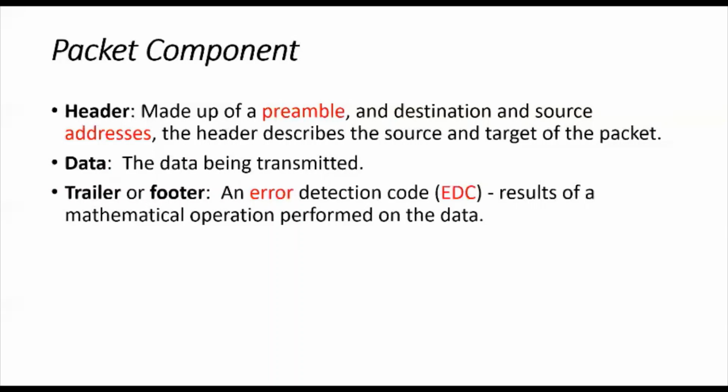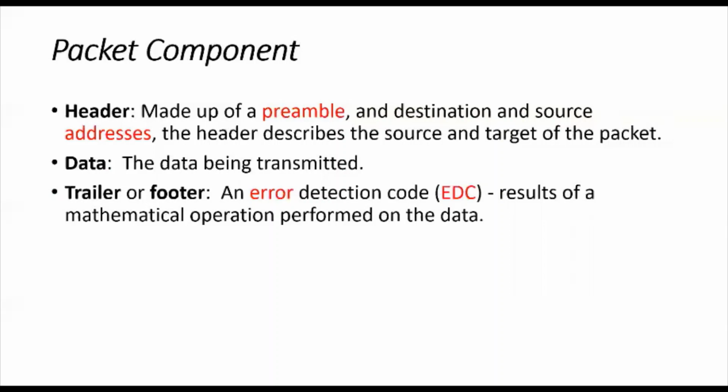When the receiver receives this error detection code, the receiver will also perform its own error detection calculation. It will do the same calculation on the data that's received, and then check the value of the error detection code calculated by the receiver against the error detection code in the footer sent by the sender.